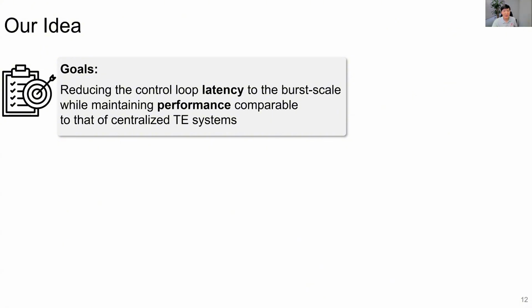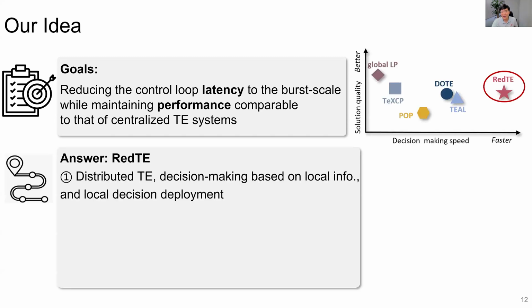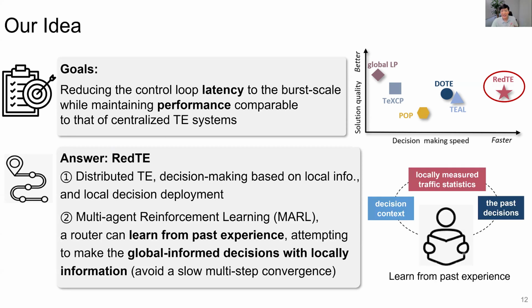To this end, we present RedTE. Firstly, it follows the distributed TE idea, which makes decisions based on local information. Besides, the second design choice is using multi-agent reinforcement learning.